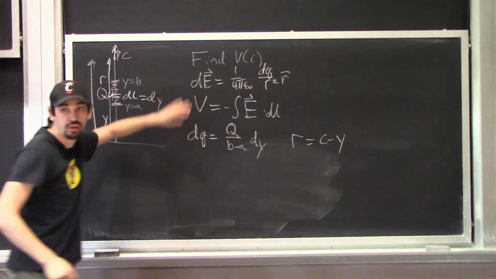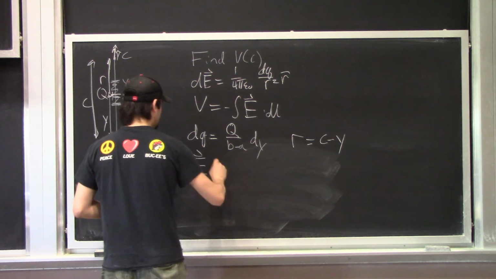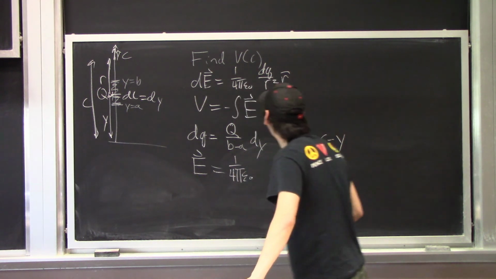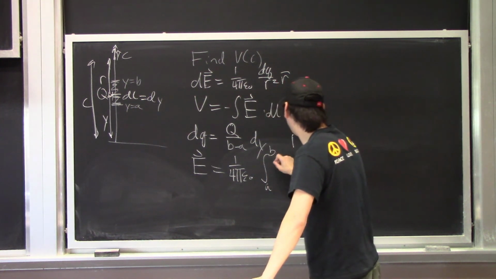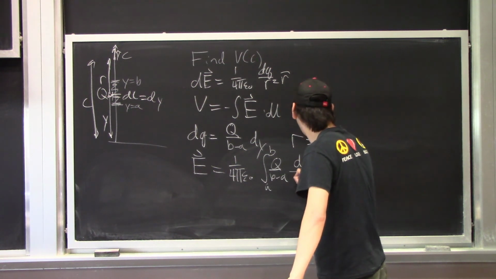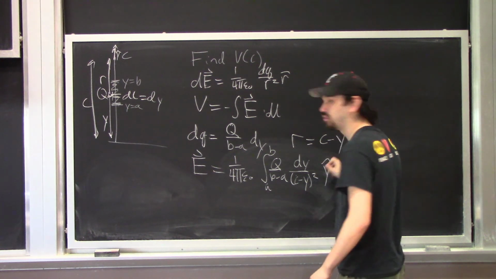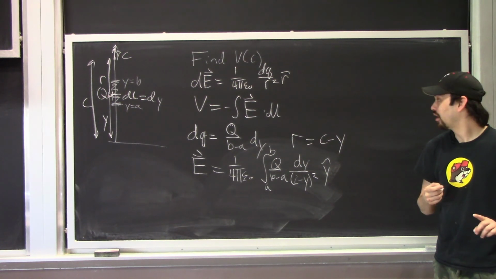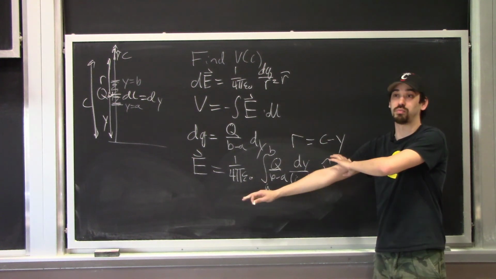So we could put this all together to find our electric field here, and that would be to say that E vector is equal to 1 over 4 pi epsilon naught times the integral from A to B of Q divided by B minus A dy divided by C minus y quantity squared y hat. Was there a question? Or I'm just going through this really fast. Yeah. I'm kind of doing that a little bit on purpose because this isn't the important part.